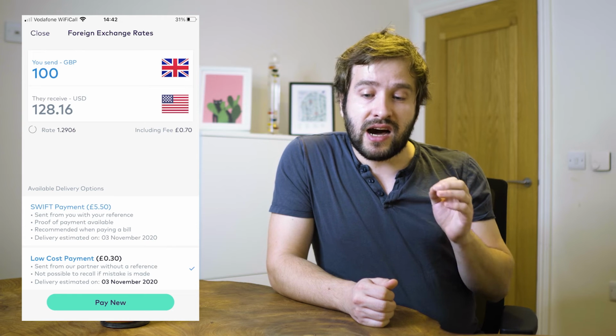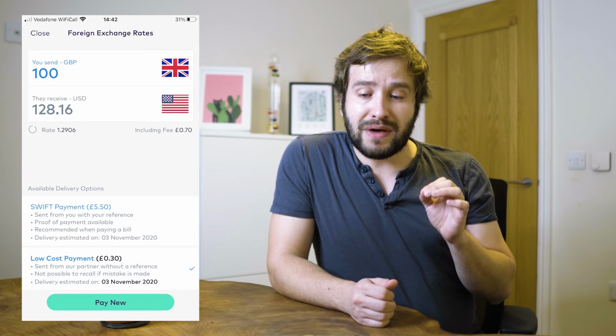Now, what I did just to make it super, super simple for you is I went and did a one-off example where I compared each single one at exactly the same time, trying to send some money abroad. And this is what I got. I sent £100 to dollars, and with Starling Bank, I managed to get $128.16. Now, the exchange rate was 1.2907, and I got charged 70p for the privilege.